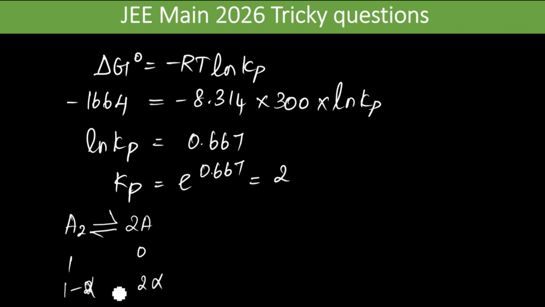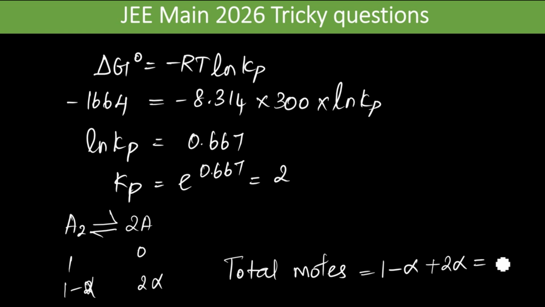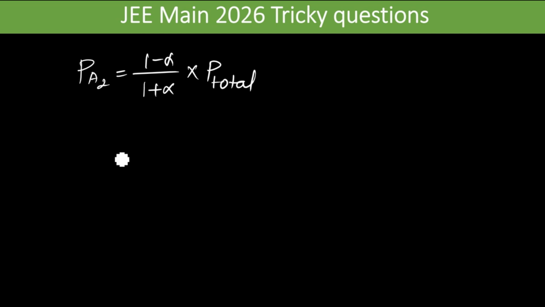So the total number of moles is 1 minus alpha plus 2 alpha, which is 1 plus alpha. The partial pressure of A2 is 1 minus alpha by 1 plus alpha into P total.